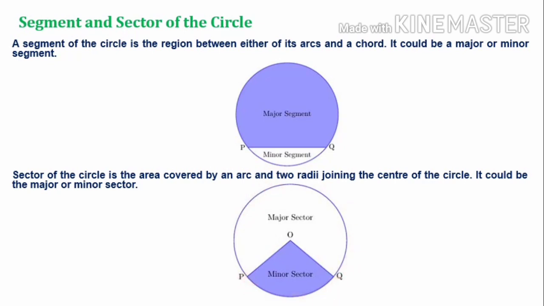So the area covered between two radii and the minor arc is the minor sector, and the area covered by two radii and the major arc is called the major sector. The white portion is the major sector, and the blue shaded portion is the minor sector.